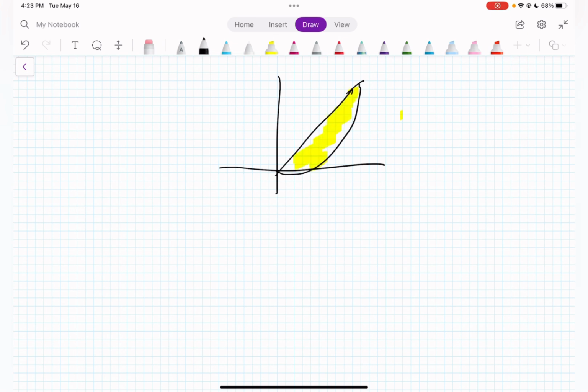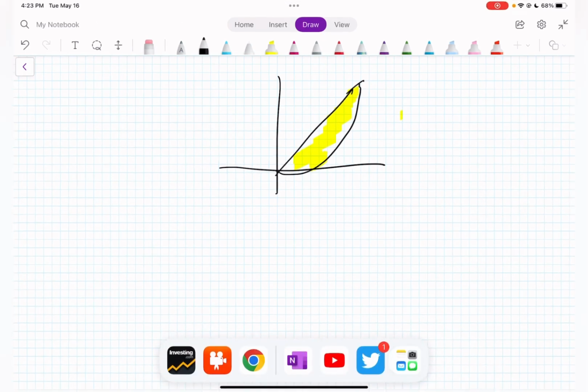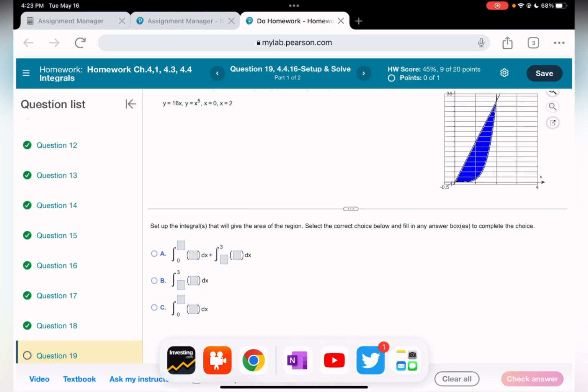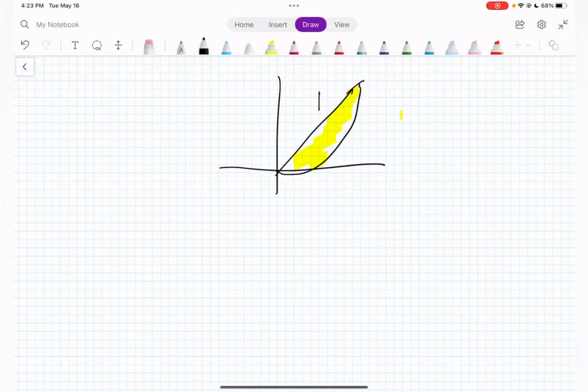So this one is, how much was that? Linear equation, doesn't matter at this point, 16x and x to 5, okay. This one is 16x, this one is x to 5. So we need to take top boundary, 16x, and minus bottom boundary, x to 5.